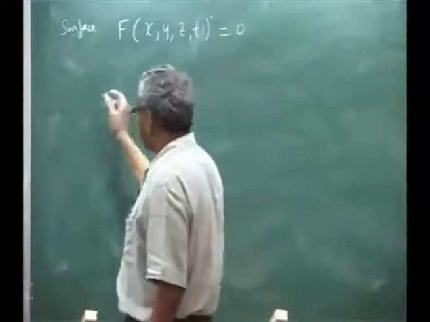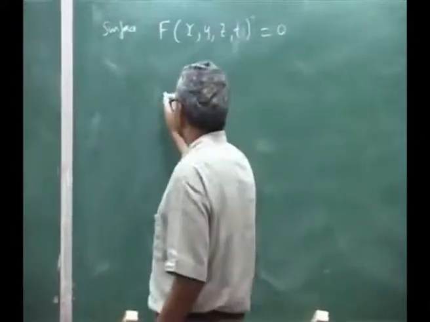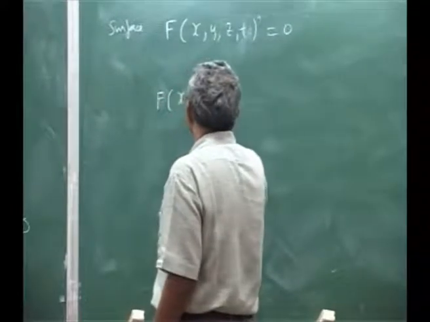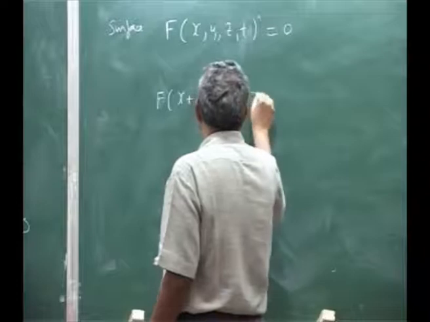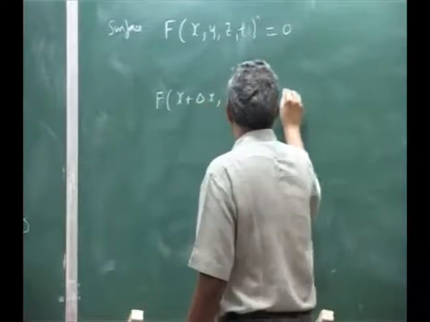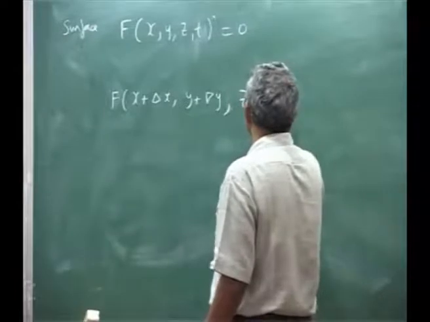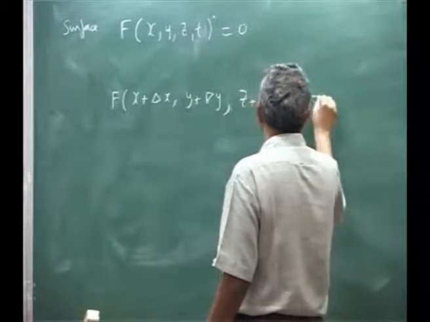That equation, I am using the same symbol, but my surface now is f of x plus delta x, y plus delta y, comma z plus delta z, comma t plus delta t.